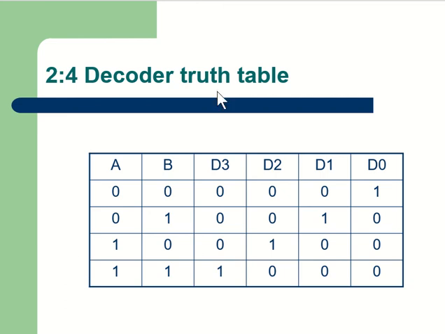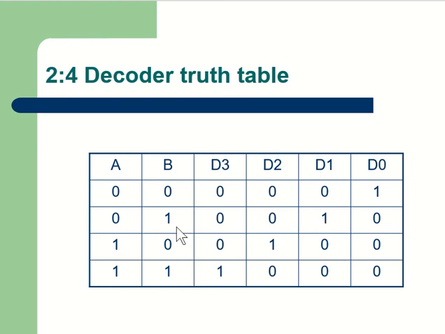According to this, the expression for D0 will be, since this is high, the input combination is 0 and 0. So the expression for D0 will be written as A bar dot B bar, because both are 0, so it will be in complemented form. Similarly, the expression for D1 can be written as A bar dot B, because A bar is in complemented form, B is in true form.